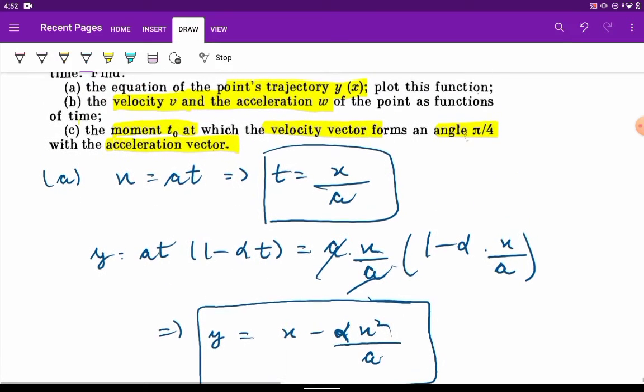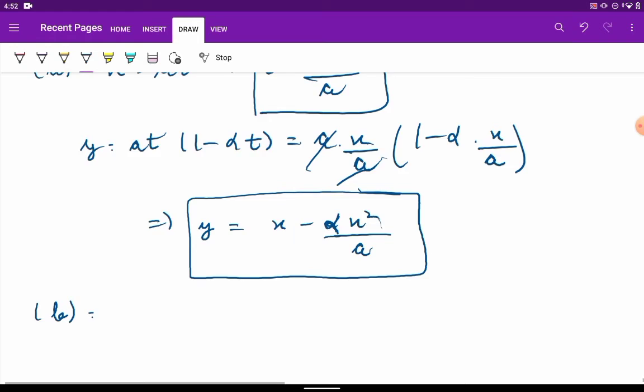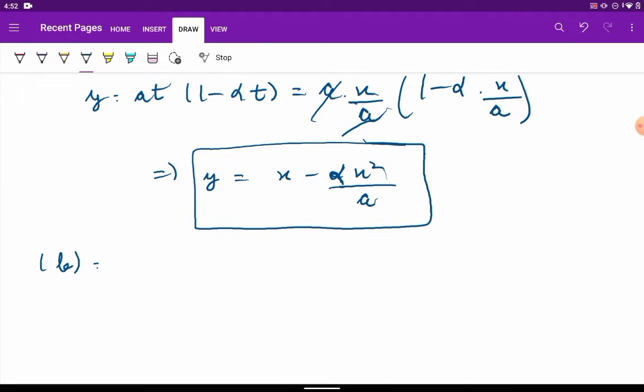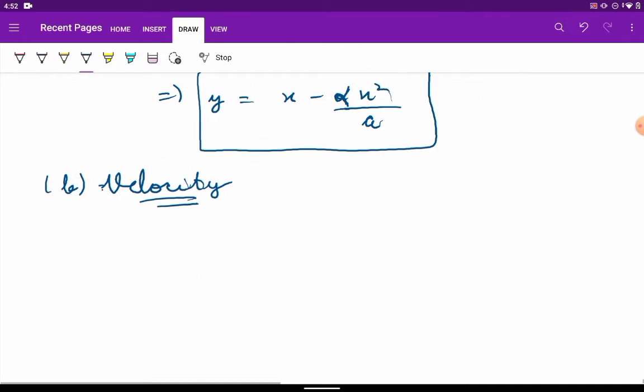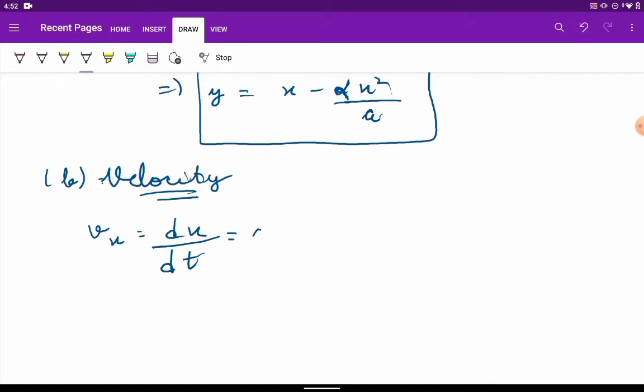Now for the second part, velocity and the acceleration magnitude have to be found. So first of all, let's find the x and the y components. vx is nothing but dx by dt, which is a, and vy is dy by dt.